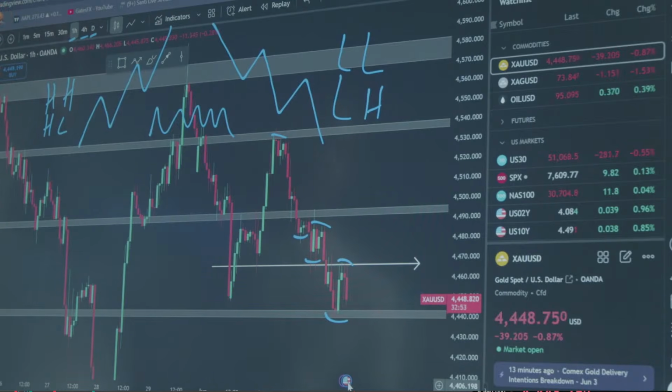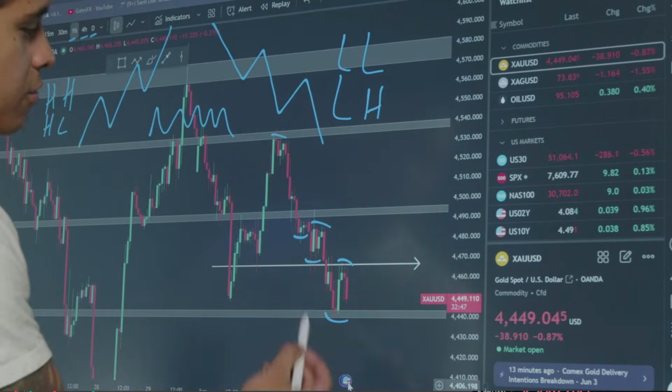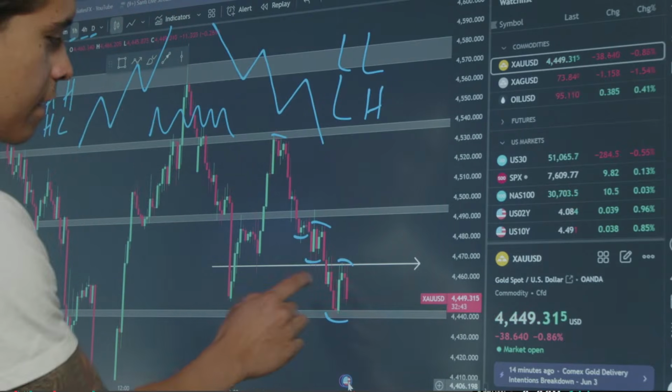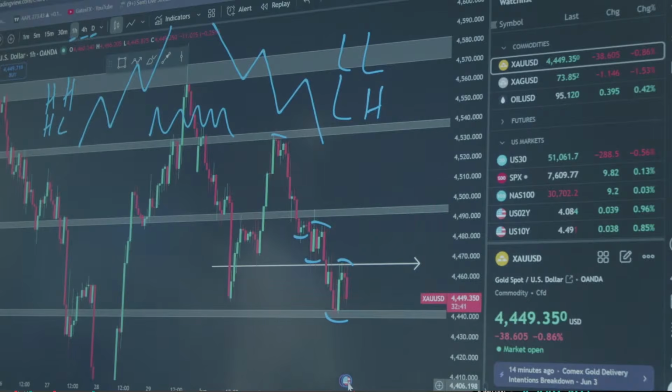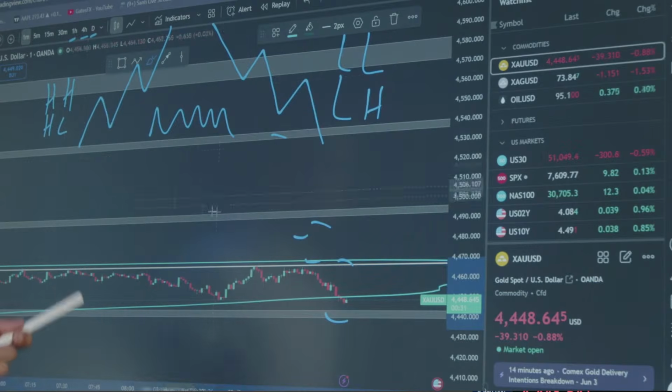Have you ever seen us do that? I'm pretty sure you've seen us do that, where you're following the overall structure and you know that price is bearish, but on the lower time frames, that's going to be bullish structure.